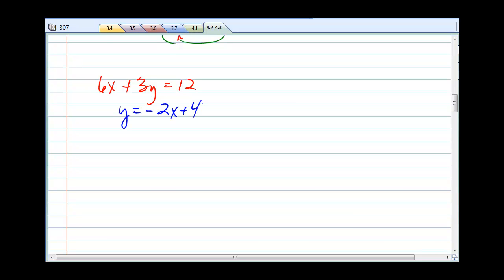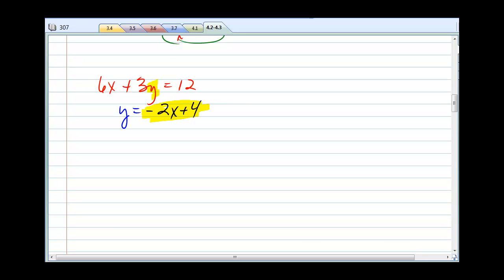So once again, when I solve by substitution, I need one of my equations to be solved for a variable, y equals. In this case, it's already solved. And I'm going to take that and plug it right back in for the y value.